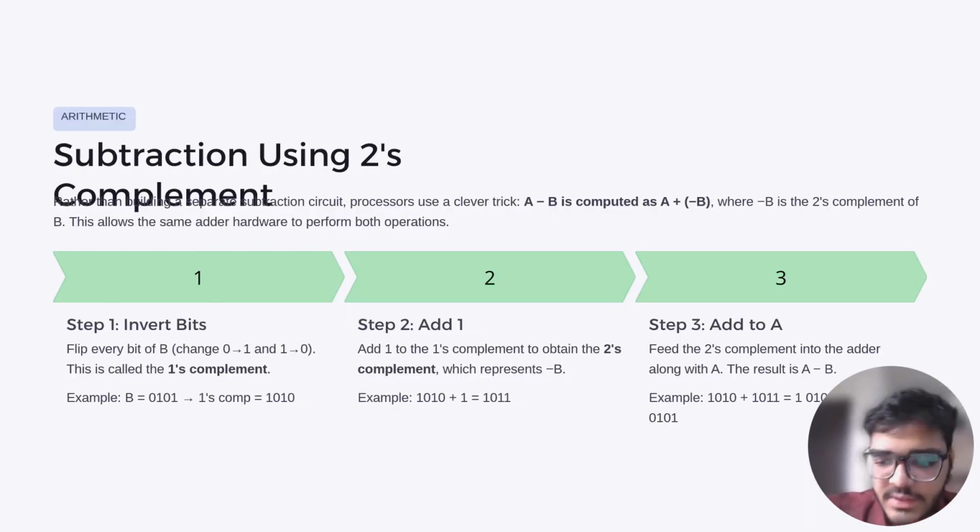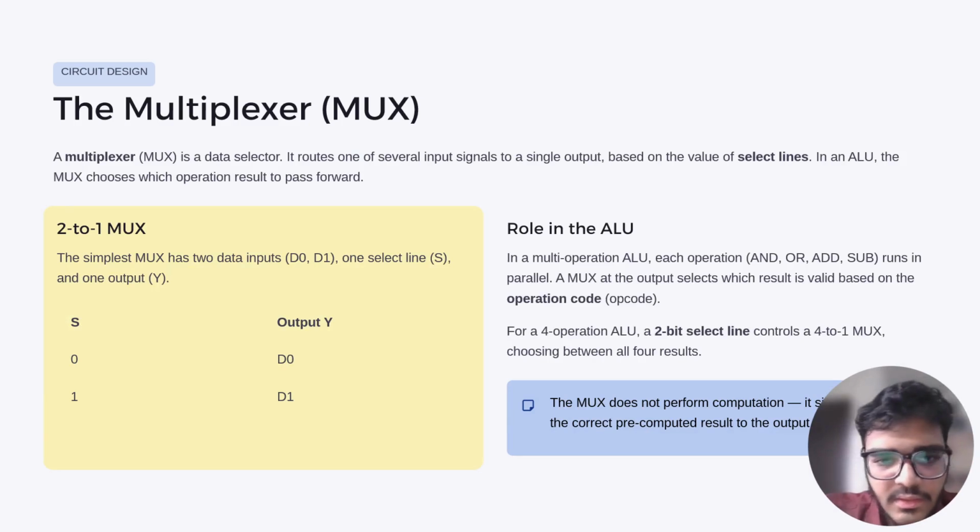Also, I forgot to mention that in the earlier slide, I just mentioned that if 1 plus 1, the sum will be 0 and carry will be 1. In a full adder, if it is 1, 1, 1, then the carry will be 1 and the sum will be 1 as well.